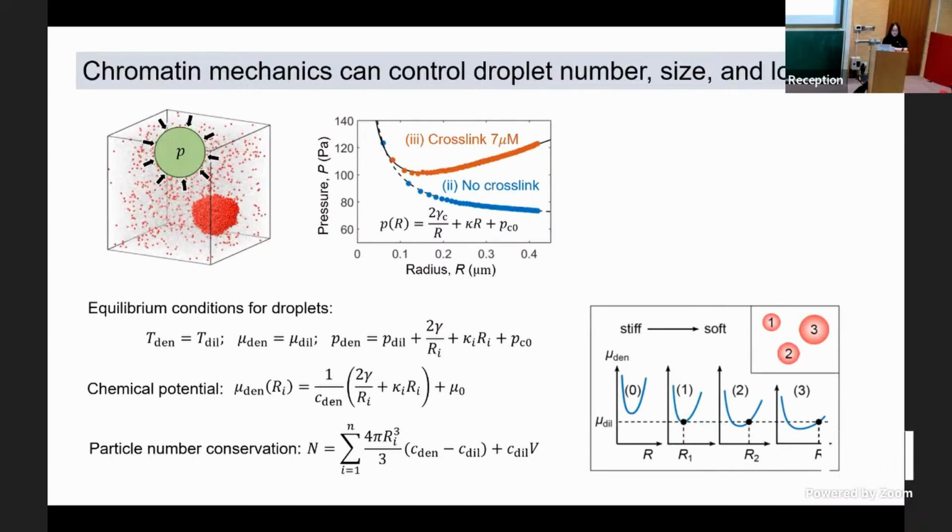So these are pressure, because of the chromatin. Your crosslinks are randomly distributed, I guess. Why are there different regions of pressure? Oh, just a random fluctuation maybe.